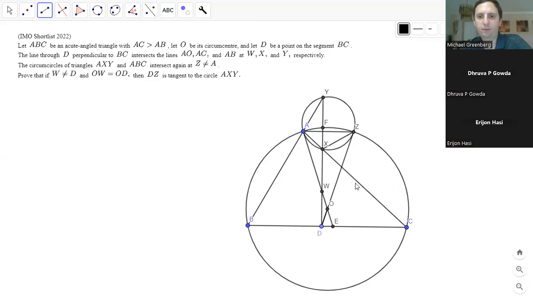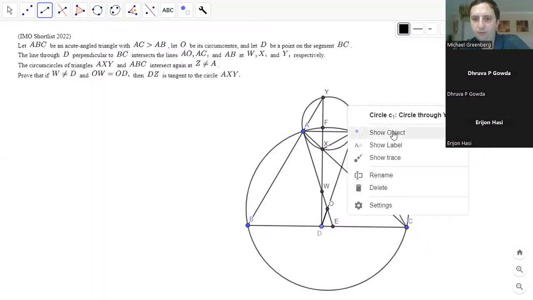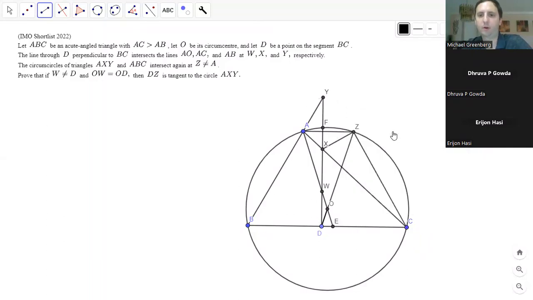What if we did this? We let CZX be a right angle, and then we try to show that AZXY is cyclic. But no, we also don't know that D, O and Z are collinear. So we could define it that way.